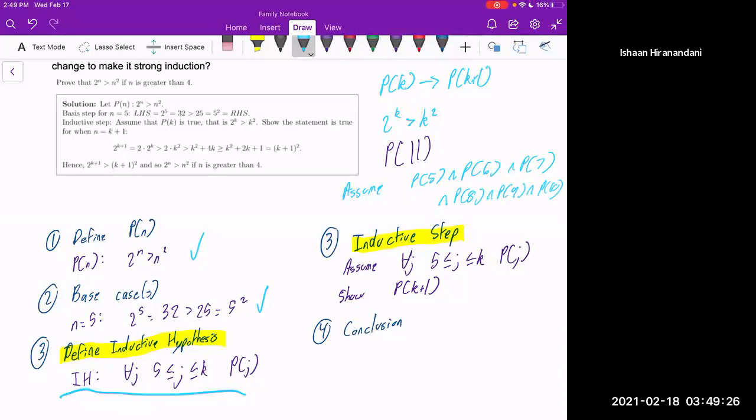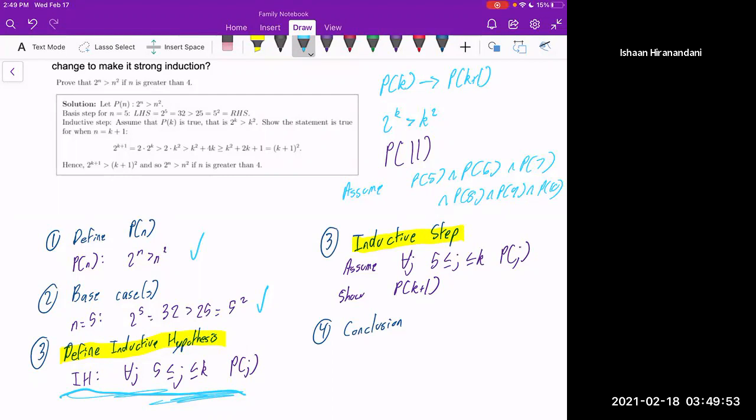And how do we get that information from this kind of complicated way of describing it over here? What this is saying is that for all values of j that are in between 5, which is our base case, and k, we want to assume that P of j is true.